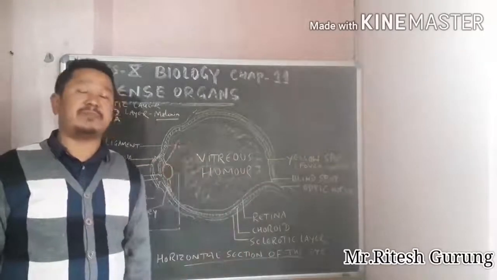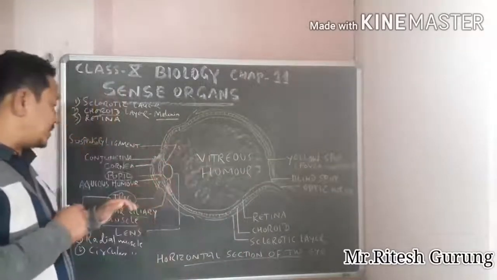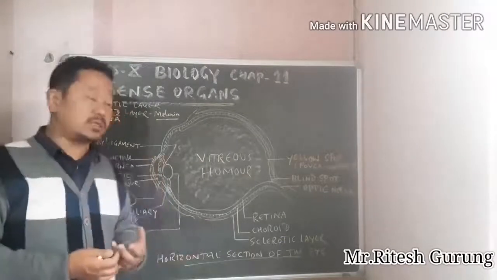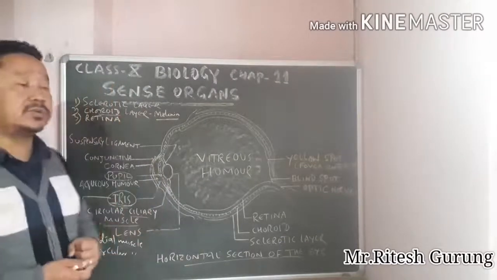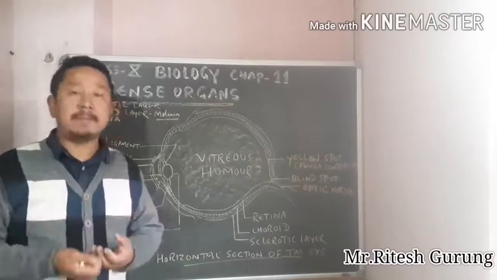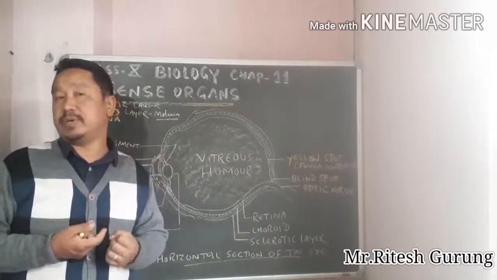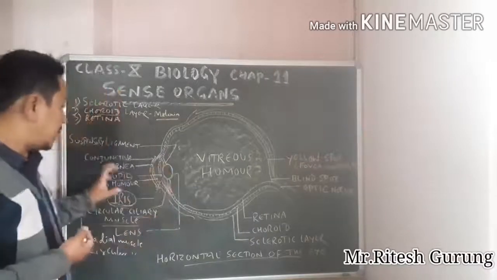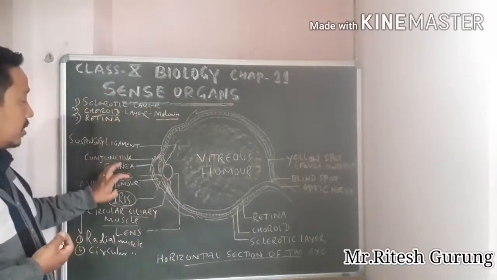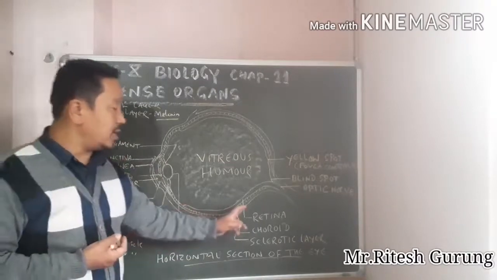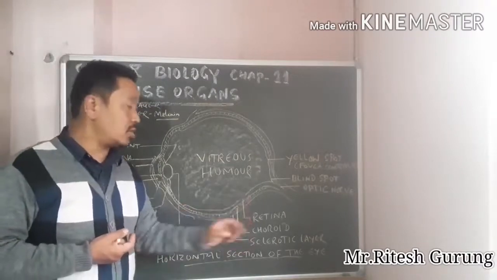There are billions of people, but the pattern and arrangement of the iris do not match. That's why the iris is also a source of identification of human beings. So this is all about the iris, which is the frontal part of the second layer of the eye called the choroid.